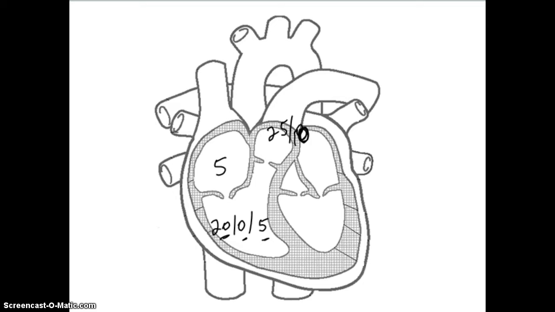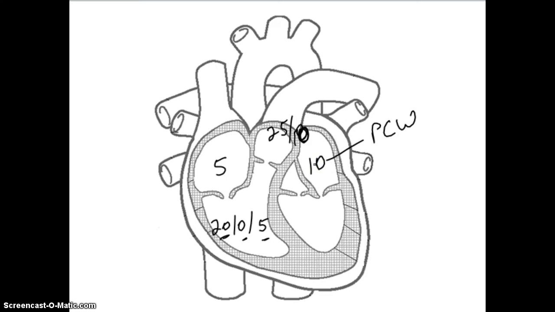Then we'll go to the left atrium, or you might see it as the wedge pressure. You might see PCW, which stands for pulmonary capillary wedge, and I'll talk more about that some other time. But the wedge pressure in the left atrium is a mean of 10.